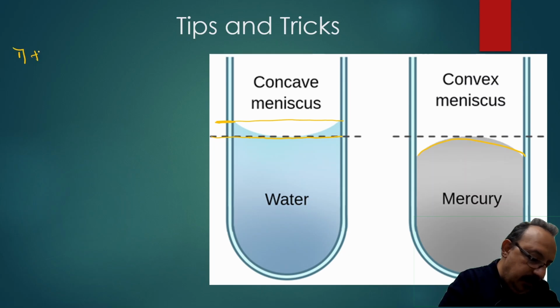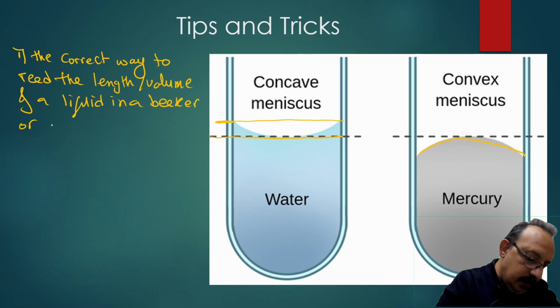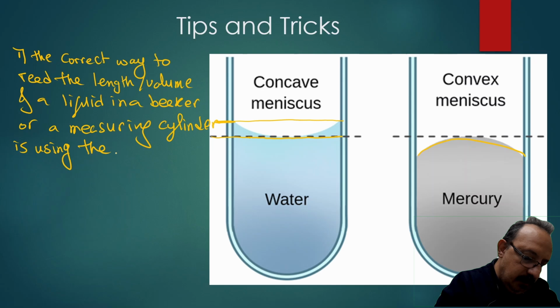So the correct way to read the volume of a liquid in a beaker or a measuring cylinder is using the meniscus.